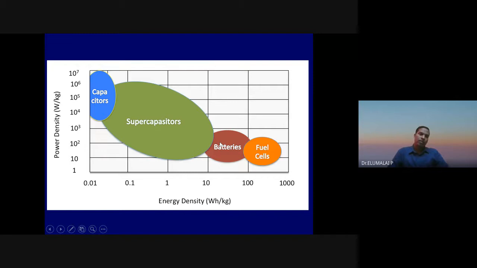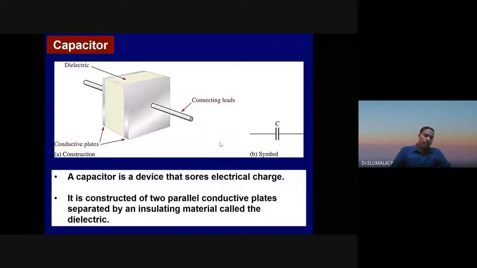A lithium battery is able to deliver maybe tens of watts, if not hundreds of watts per kg. Fuel cells are less than 10 watts per kg, very low power densities. But capacitors, or condensers as the physicists call them, could deliver huge power, very high power.